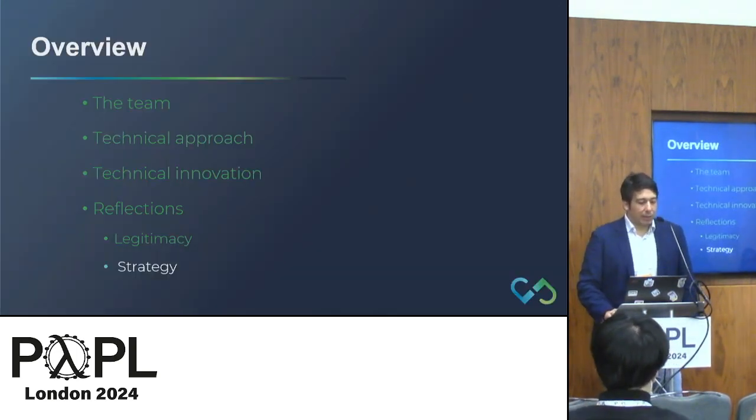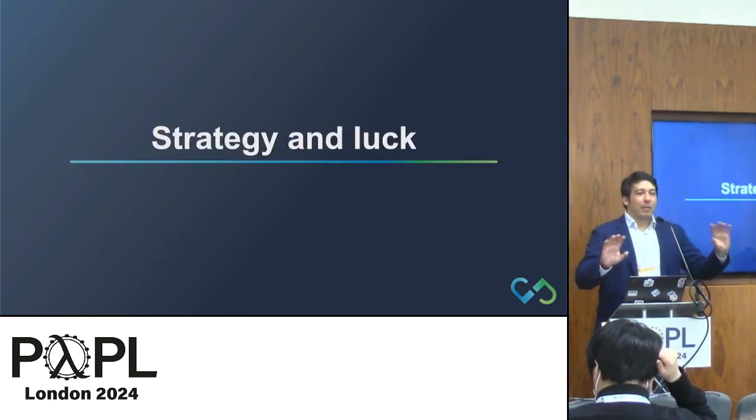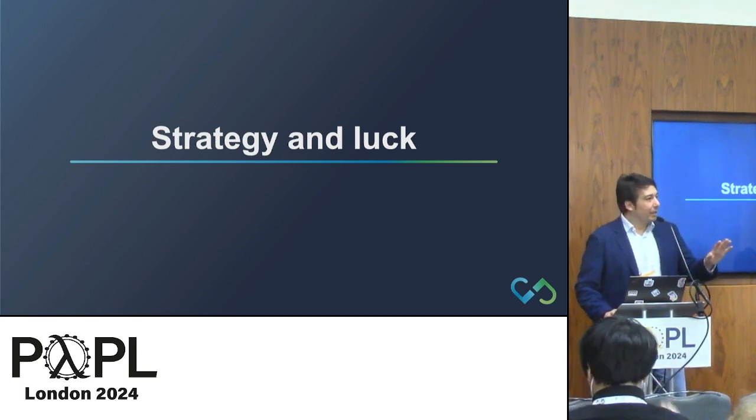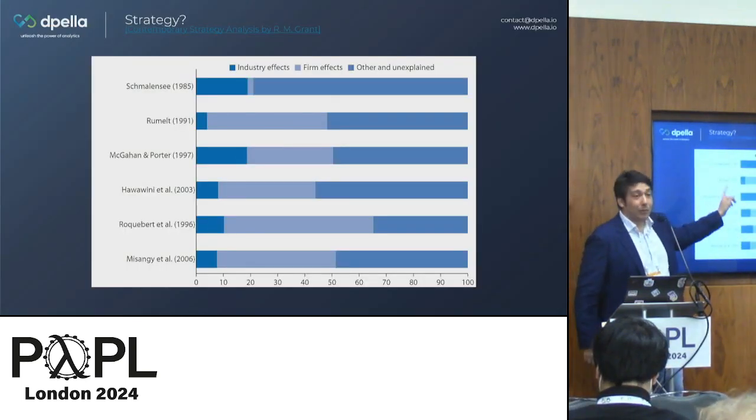That's kind of the reflection. And the last one is about the strategy. You have been in department meetings about strategy for the department in the next 5-10 years, and everyone is super obsessed about the strategy, right? I'm not saying it's not important. It is important, but there is another factor, which I will show you now.